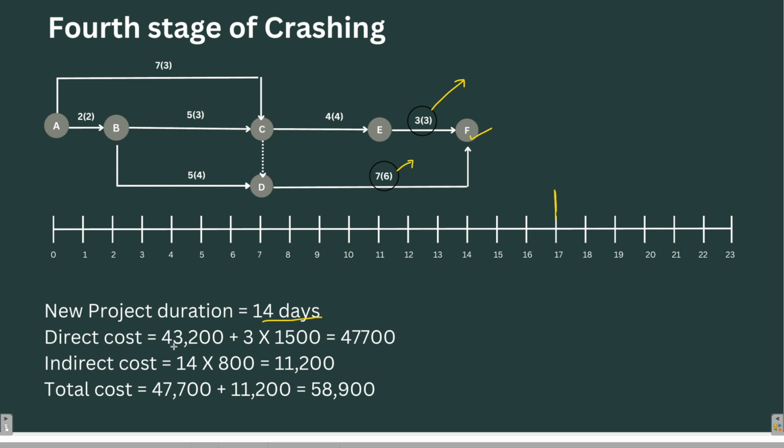Now, what is the direct cost? 43,200, which was the direct cost after the third stage of crashing. Plus, we have to add some direct cost for 3 days, 3 into 1500, which was the cost slope we have calculated, right? For each day.